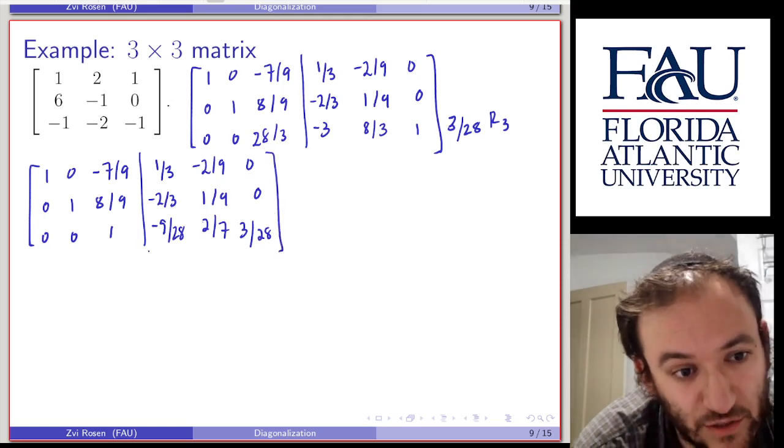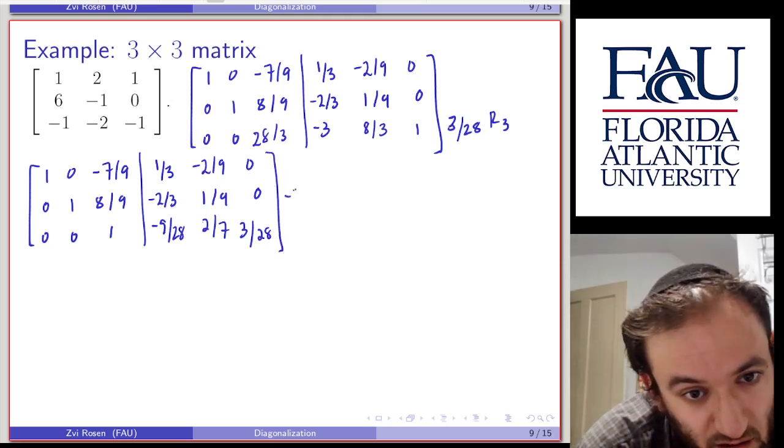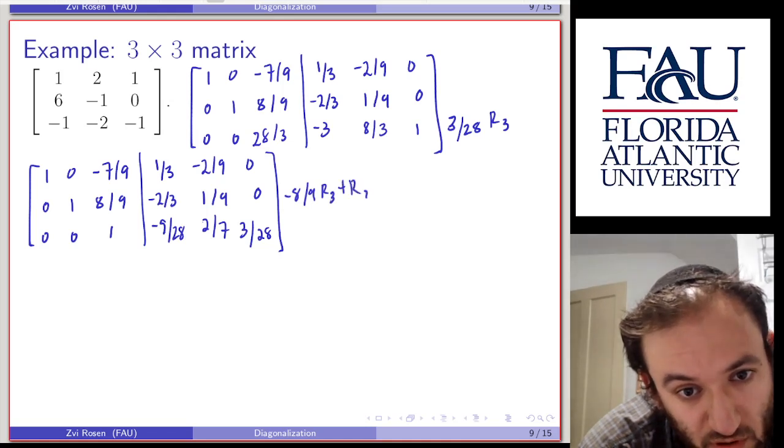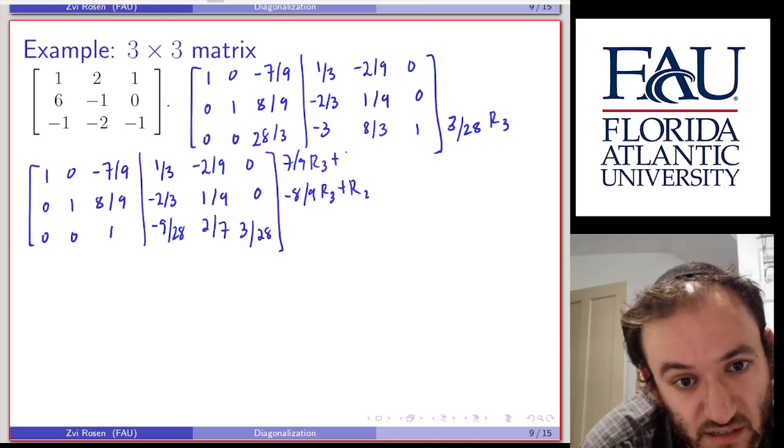Okay, and now we have to cancel the entries above the 1, so we get minus 8/9 row 3 plus row 2, and 7/9 row 3 plus row 1.